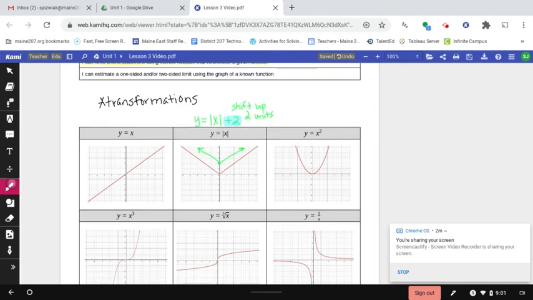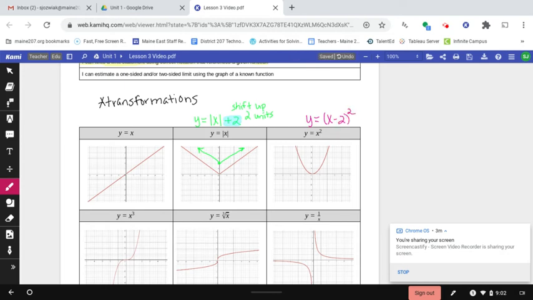Let's look at this parabola also. So y equals x squared is the basic parent function, right? We're able to look at it. We've got this basic U shape. So anything that's got an x squared is going to have this basic parabola shape. But what if I gave you something like this? y equals x minus 2 quantity squared.